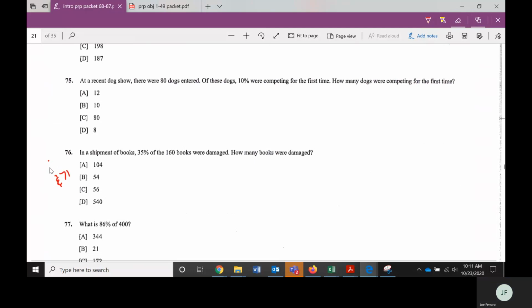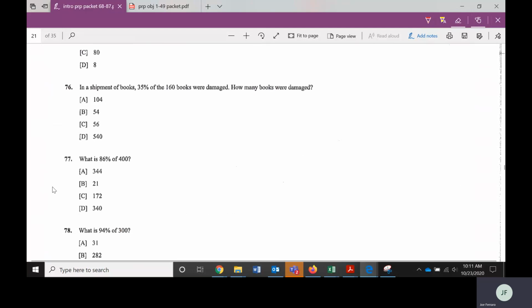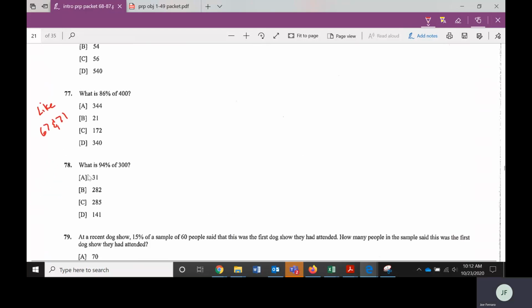That's going to be what we do in a second. I hit the wrong one. 77 is like 67 and 71. And again, 78 is also very similar, you can see that it's like that.